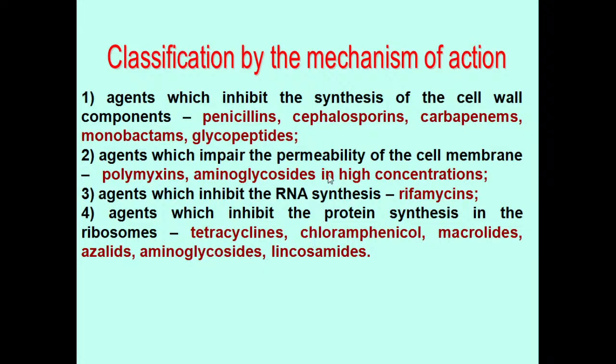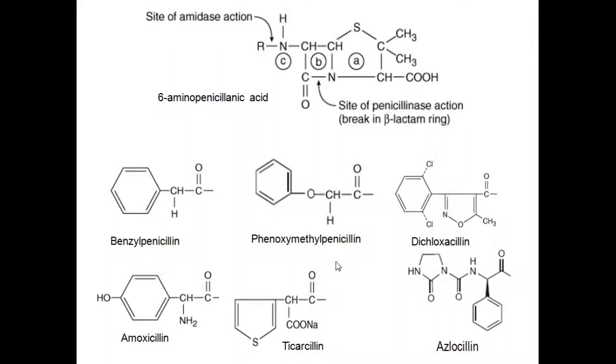You see that in high concentration they impair permeability of cell membranes. In lower concentration they also inhibit synthesis of proteins. This shows us that aminoglycosides are principally effective but toxic. And lincosamides. So this is the classification by the mechanism of action.